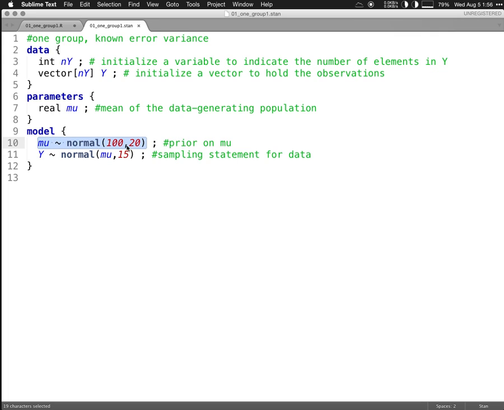We have a strong belief that it's 100, a little less strong belief that it's 105, a little less that it's 95. So it's going to look at the y's that we observe, and update this distribution around mu to establish what we should believe about mu, given that we've now observed y.